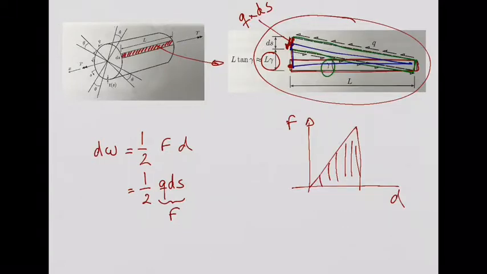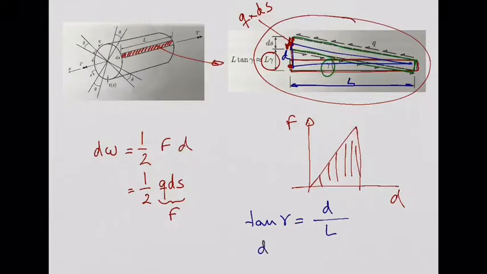You see? This dimension is L. So the tangent of gamma is going to be this height, let me use, to be consistent with what we are doing, this d here. So tangent of gamma is going to be d over L.